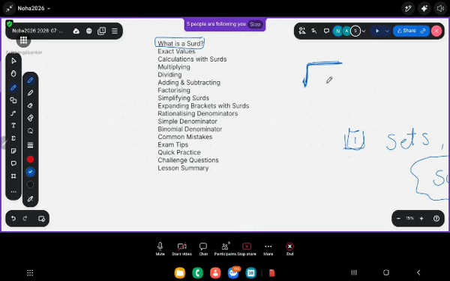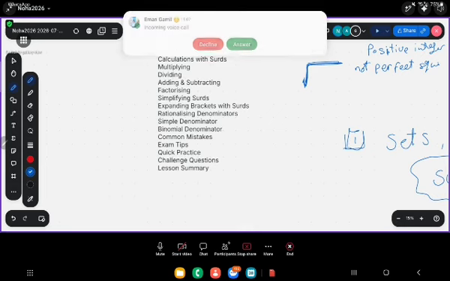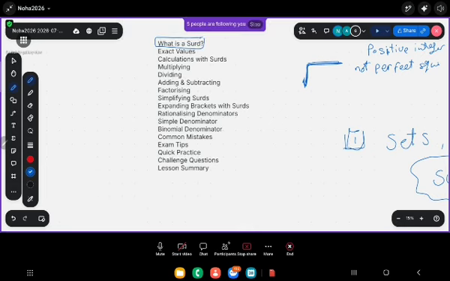Look at the number here because it gives you all the things that you need. The surd is a square root of a positive integer that is not a perfect square. So you're looking for a positive integer and whether it is a perfect square or not.